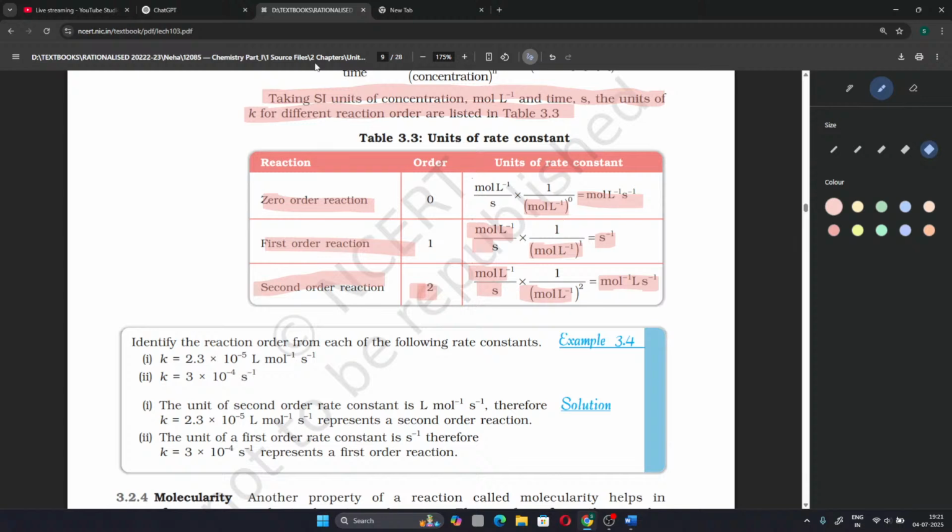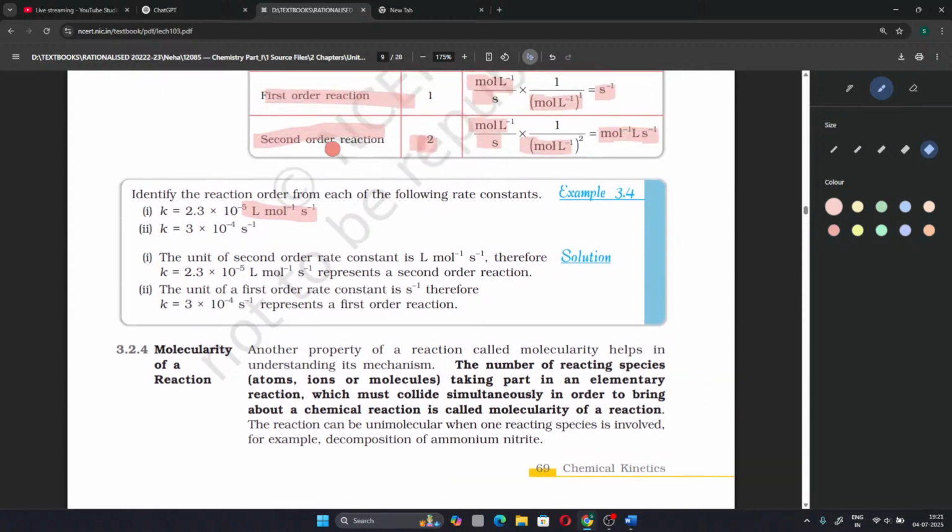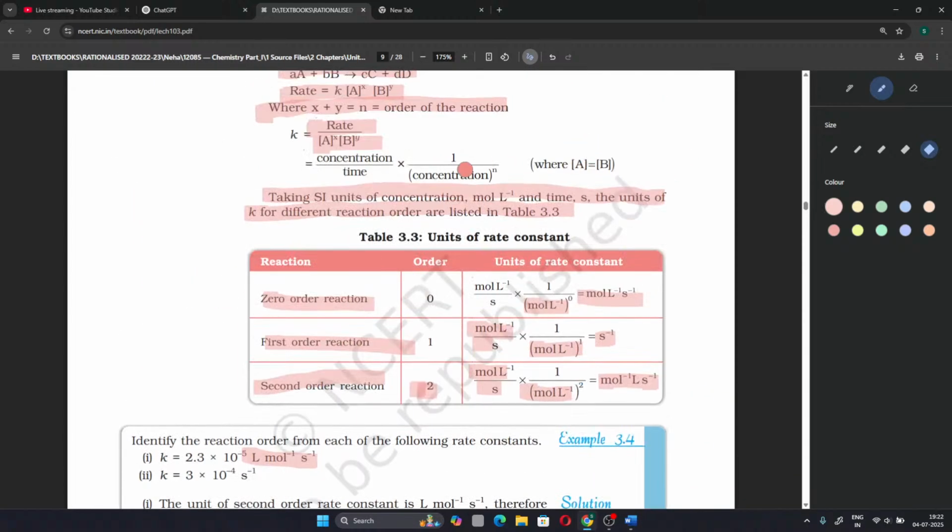Anyways, the example is: identify the reaction order from each of the following rate constants. Basically they gave a specific rate constant. Here, if we see, it is L mol^-1 s^-1. So we know we got this from the equation where it is 1 by concentration^(n-1).